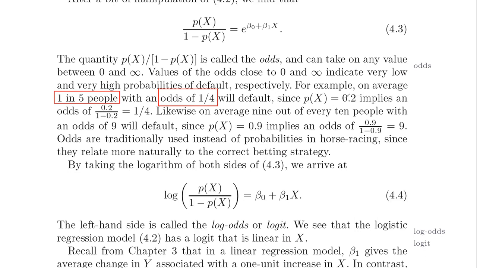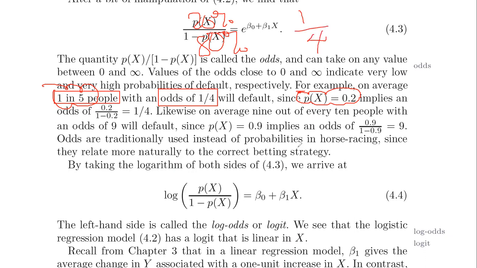So we have, if the probability is 20%, then you get 20 over 80, and that's your 1:4.